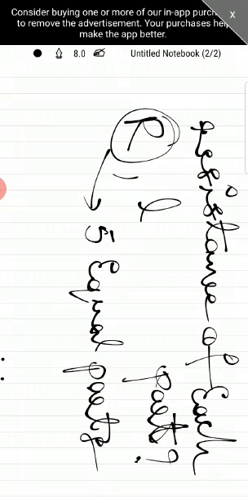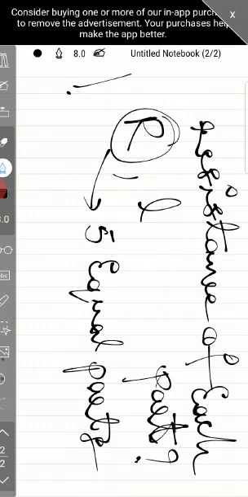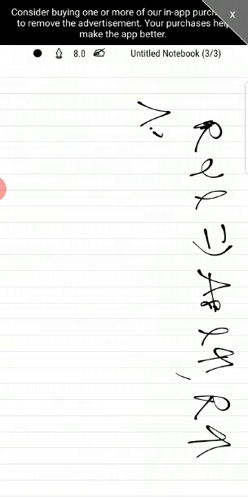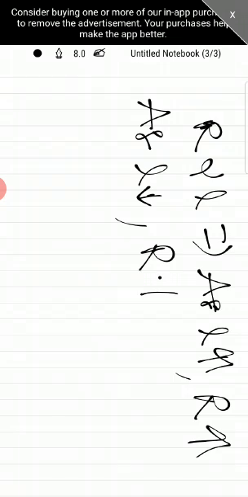Now we know that resistance is directly proportional to length. As length increases, resistance increases. As length decreases, resistance also decreases.